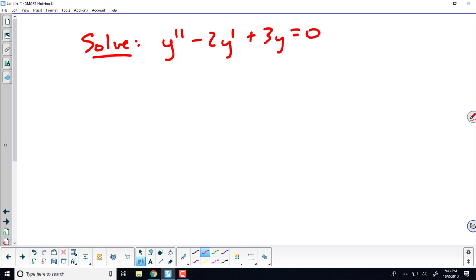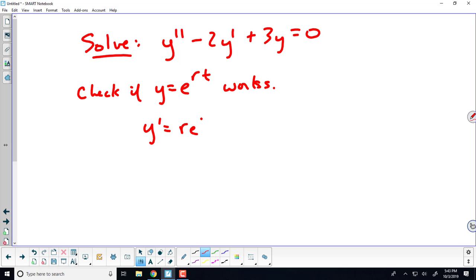We're going to learn as we go to figure out which one's which, and I'm going to start giving you a checklist, a method for doing this. But let's go ahead and just see if y equals e to the rt works. Its first derivative is re to the rt, and its second derivative is r squared e to the rt.